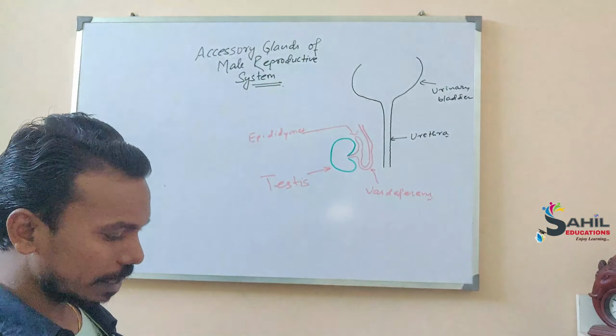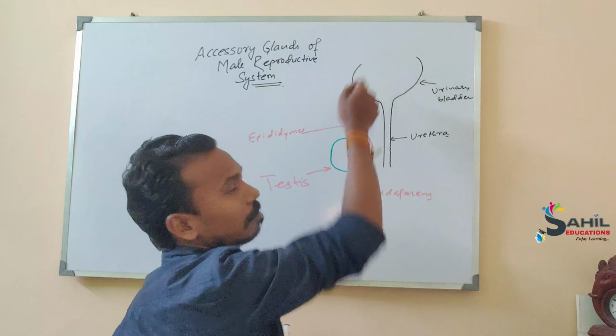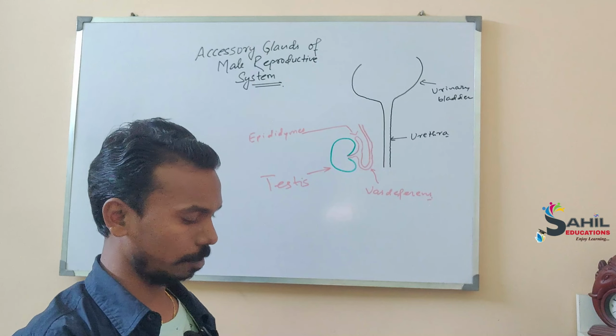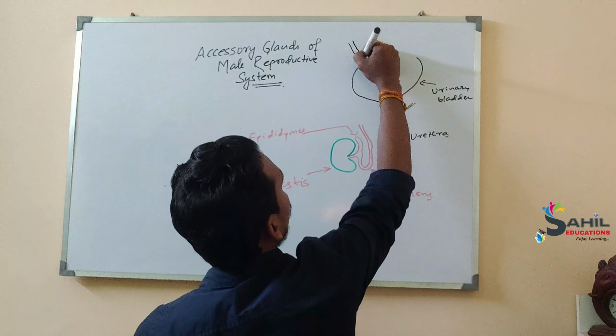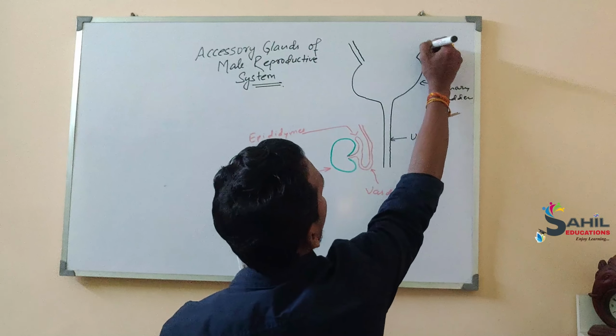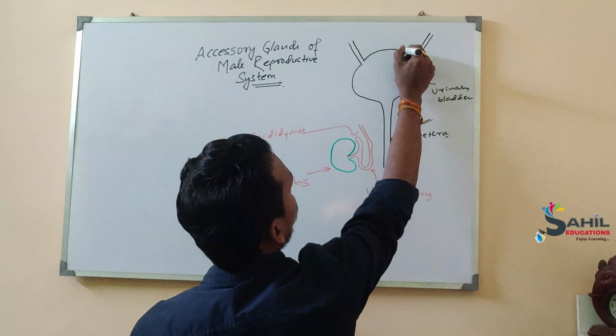See, this vas deferens basically entangles the ureter. If you see the ureter here like this, it drains the urine from the kidney into the urinary bladder.